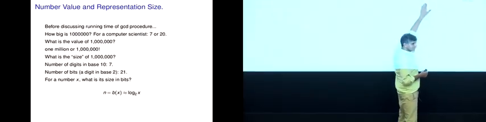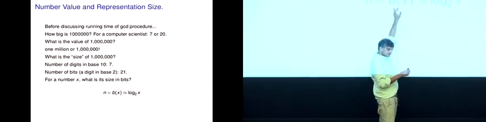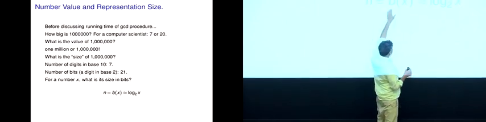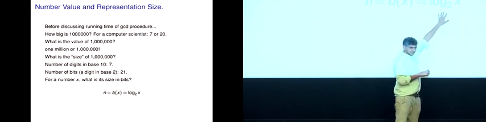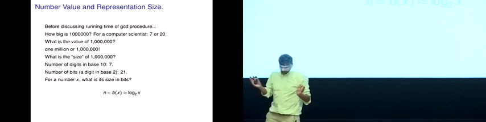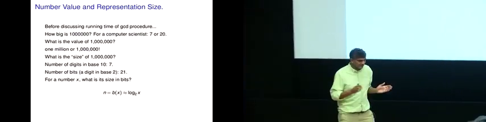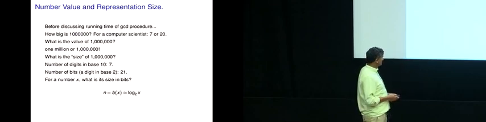Now I think of x as the value of that number. Okay, so x here is 1,000,000. So the size of the million, which I'm representing as n, at least on this slide, is log base 2 of x. That's just what it takes to represent a number: 1,000,000 takes log base 2 of 1,000,000. 1,000,000,000 takes log base 2 of 1,000,000,000. That's about 30, and so on.